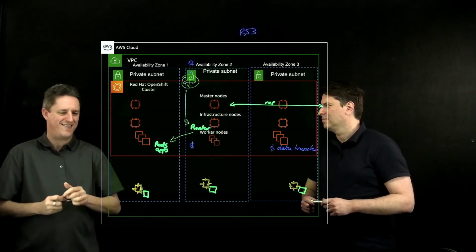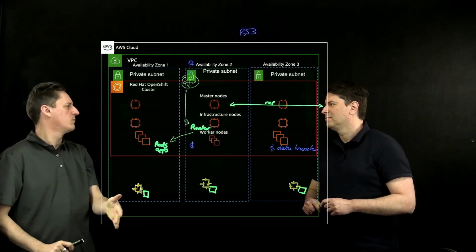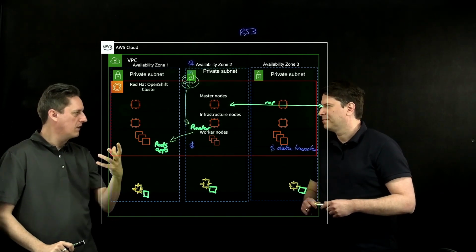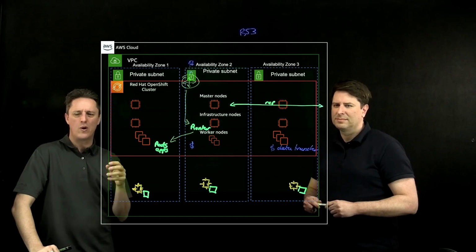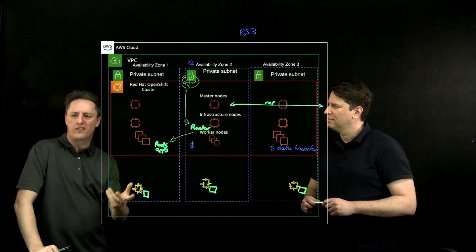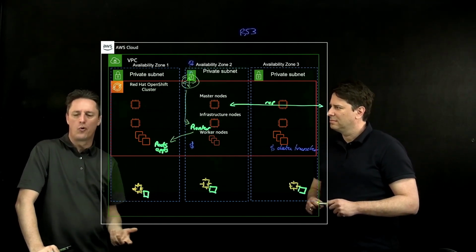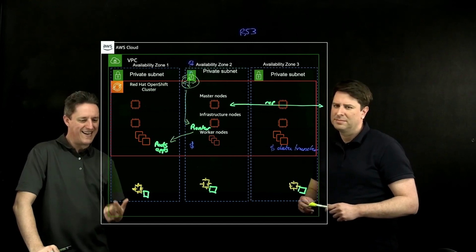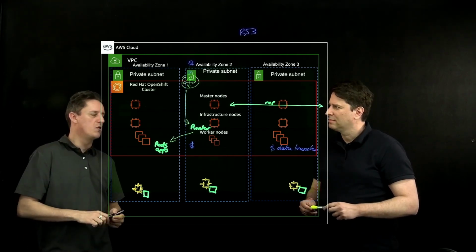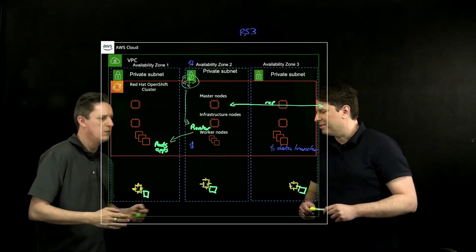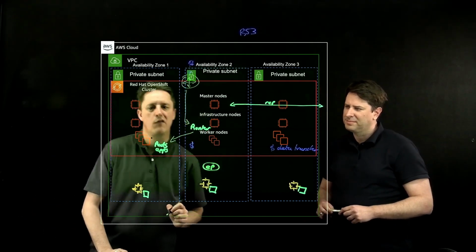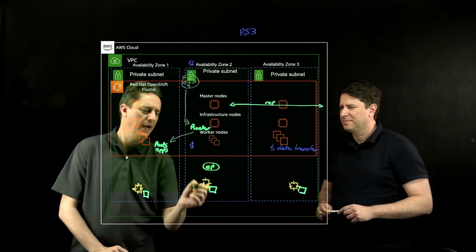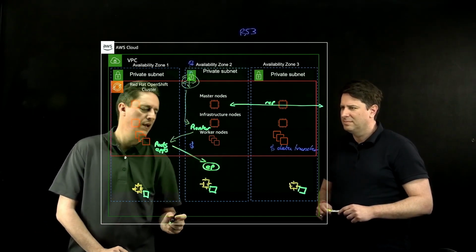However, this doesn't happen in the customer's account. It happens in a back-end platform catered for AWS. So in a product service team account, you see the underlying storage. What the customer gets in their account actually is an endpoint. An endpoint, yes. Okay. So the endpoint exists over here, and my application workloads talk to the endpoint.